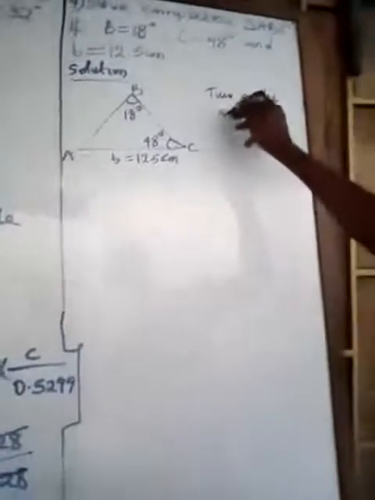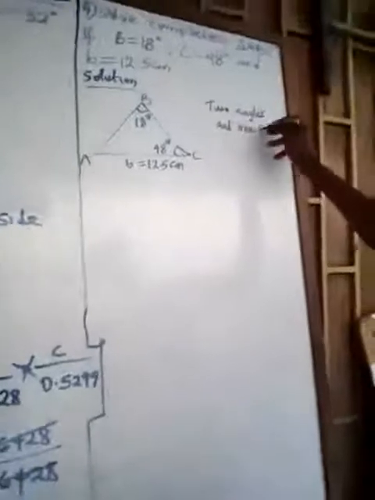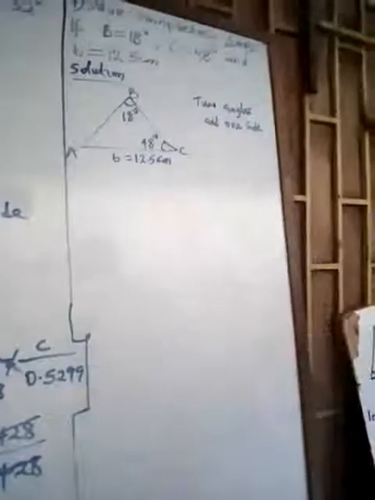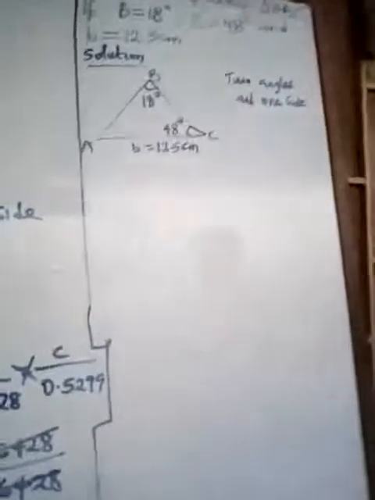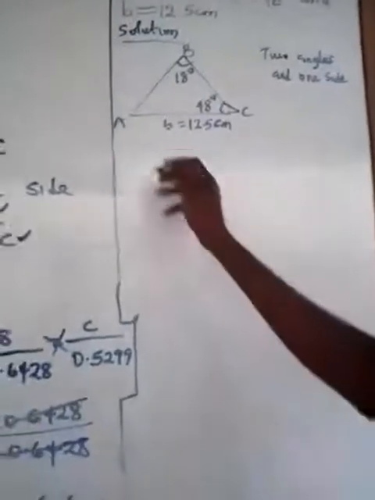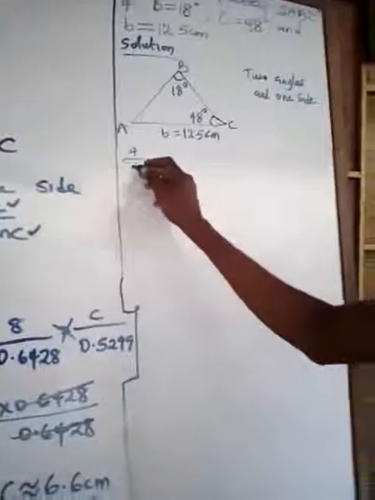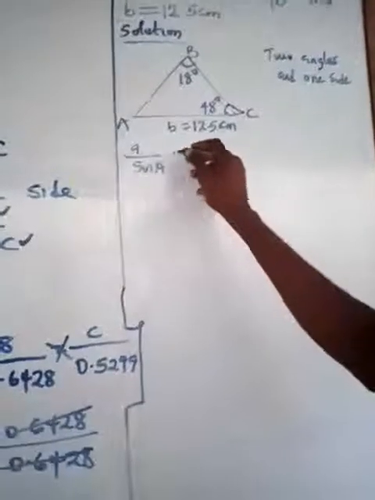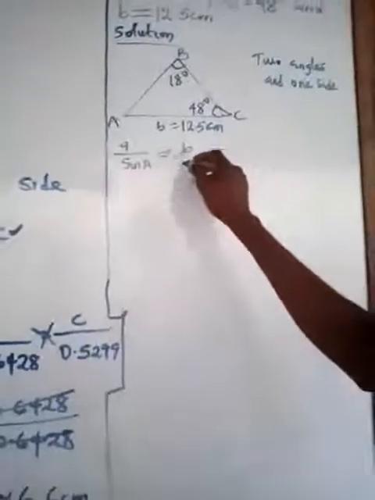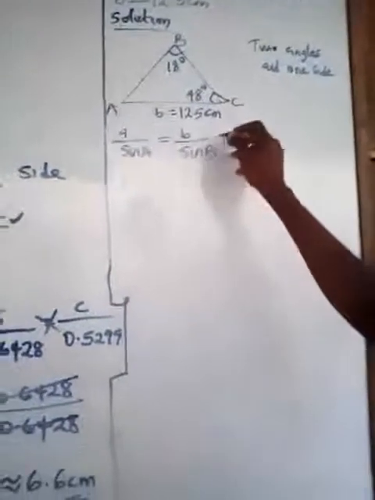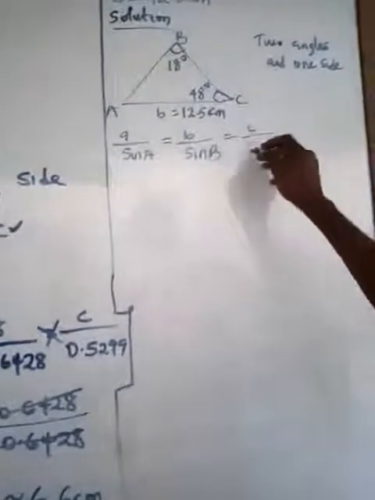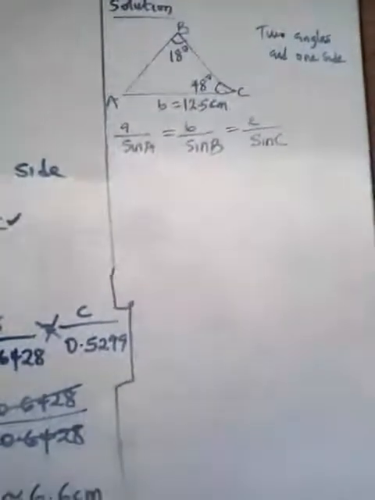Two angles and one side, so that means it will be the sine rule. Using the sine rule, it will be a over sine A is equal to b over sine B is equal to c over sine C.